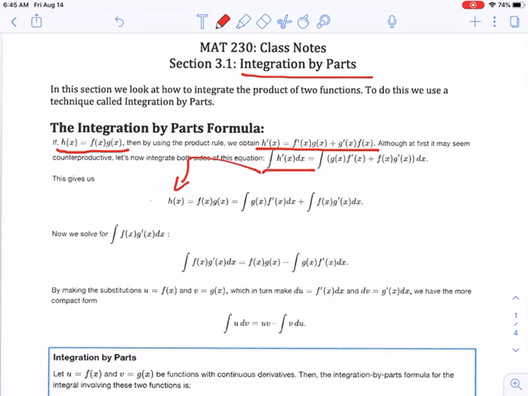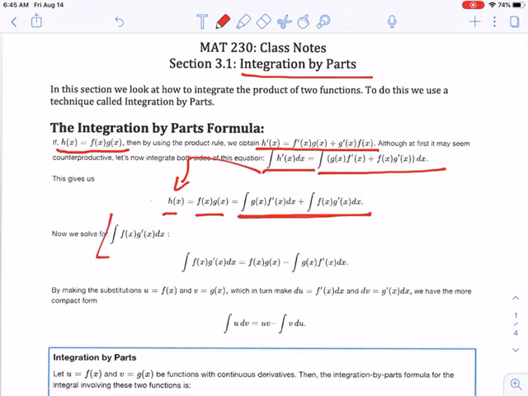Then what we do here is we're taking the integral of the right-hand side of our product rule, integrating both sides, or both terms, term by term. And so we end up with h of x, which is the product of f times g, is equal to these two integrals.